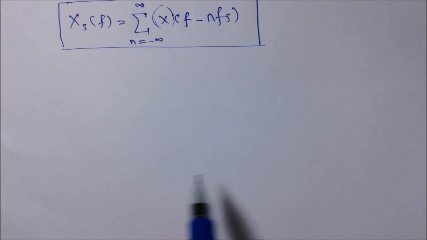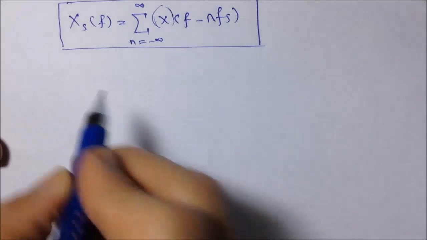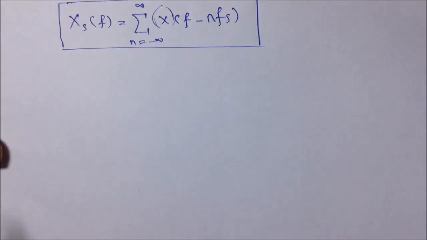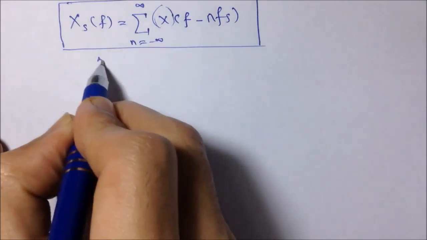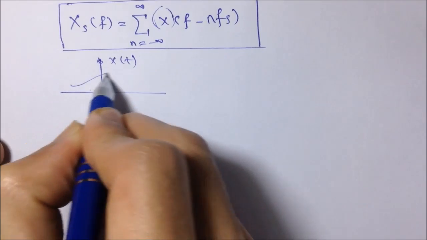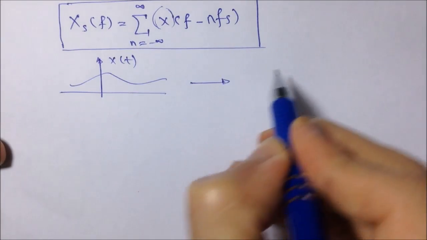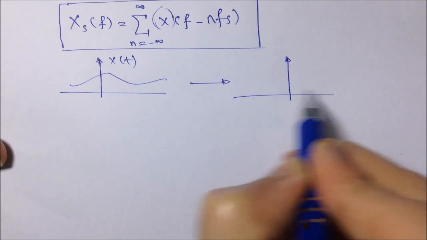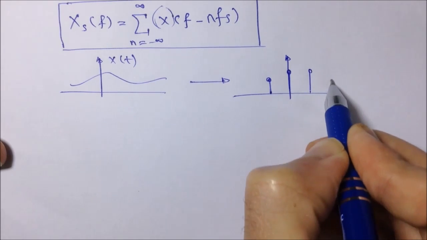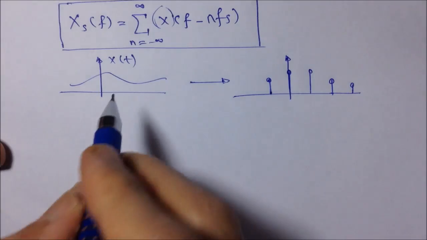Okay, now it's time to interpret this formula. This has something to do with the Nyquist sampling criterion. So we had x of t, the original analog signal, and we had to sample it because the computer only deals with discrete signals, and we got this.